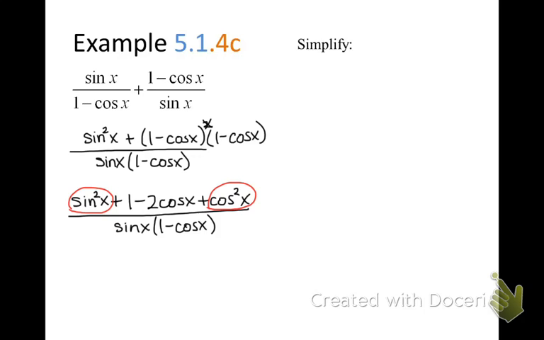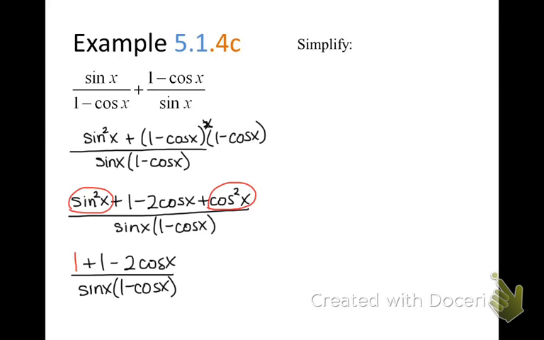Because sine squared plus cosine squared equals 1, so we can simplify that down to 1. Those two pieces will go away, and I now have 1 plus 1 minus 2 cosine of x over sine of x times 1 minus the cosine of x.